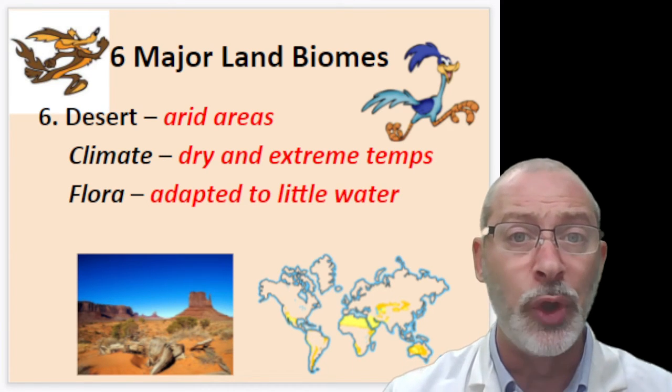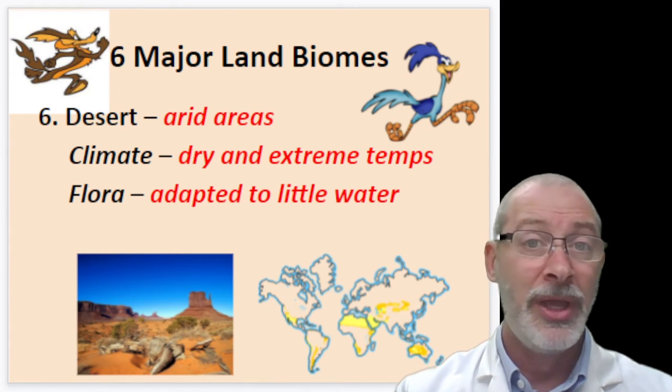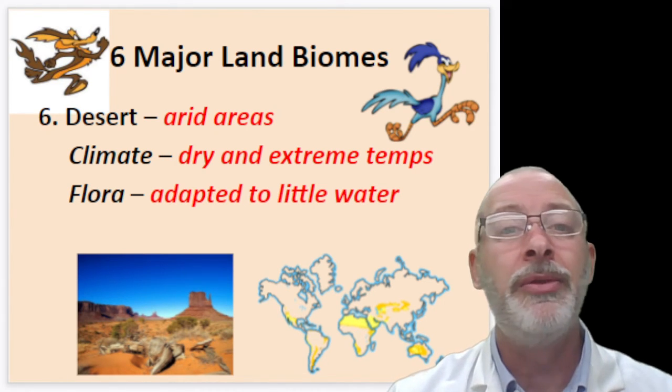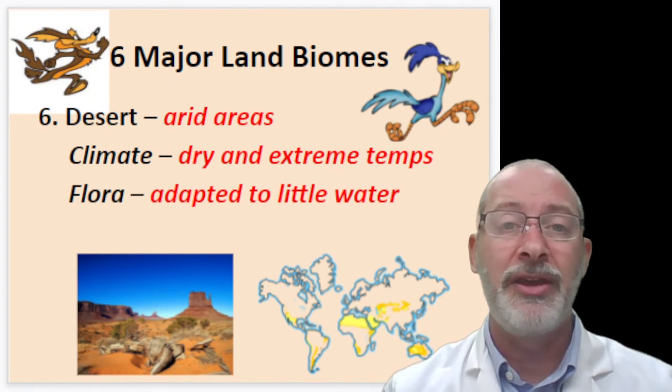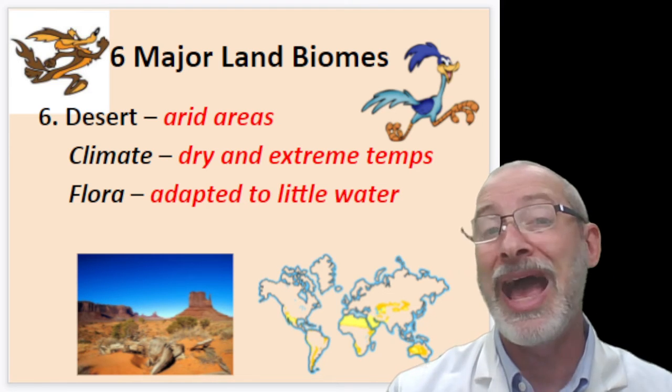So what kind of flora or plants might you find in a desert? Well, only those plants that are adapted to very little water. Probably the most famous, most common plant that you think of when you think of deserts are cactuses or cacti.